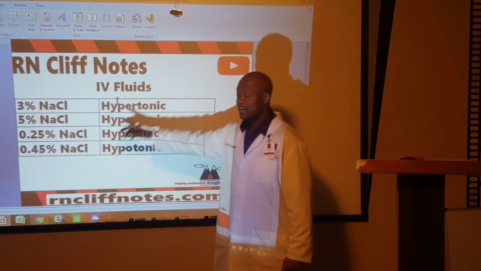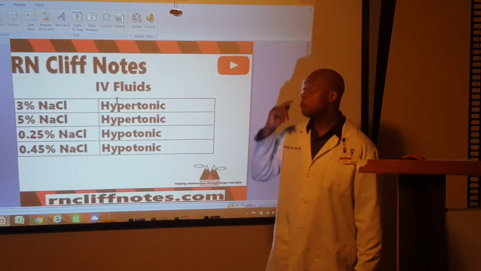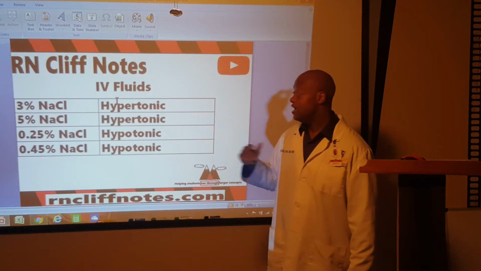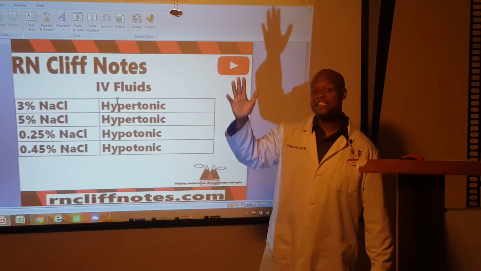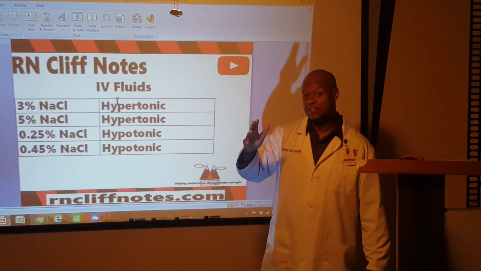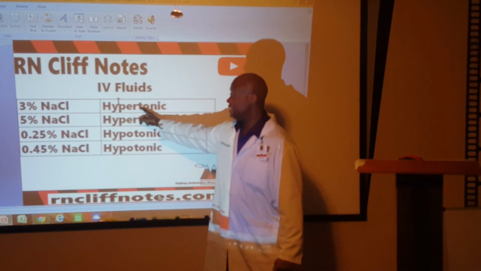Okay. So we've got hypertonic. Why? Because 0.9%. Not quite 1. 0.9% is isotonic. And if we say 3%, that's over 3 times as concentrated as our isotonic version. So, right, that becomes hypertonic.